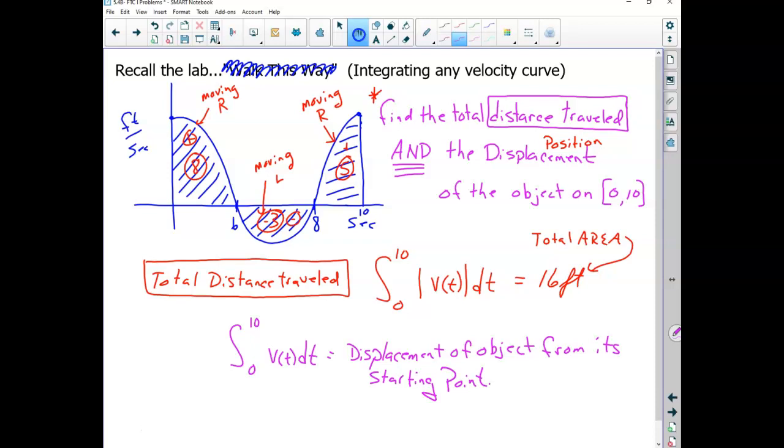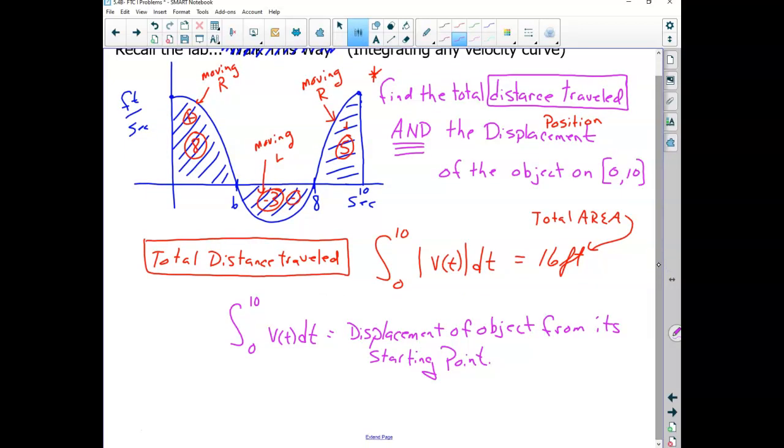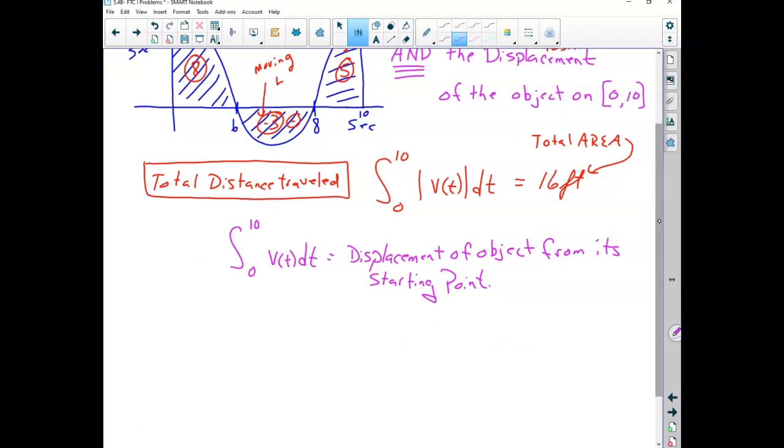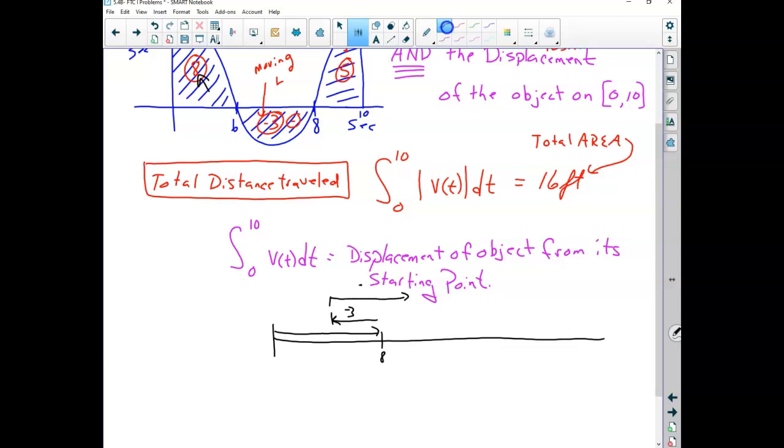Okay, and if I think about this on the number line a second, I'm going to try to get this in here a little bit. So if I'm starting at 0, what did I do here? Well, I moved to the right 8 units, and then from there, oh, I forgot, I went back 3 units, and I'm there, and then what did I do? I went back 5 units.